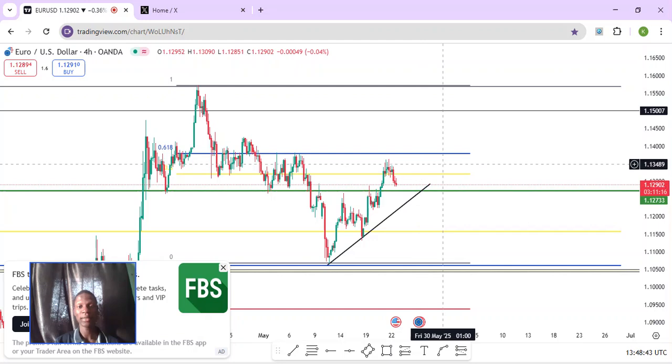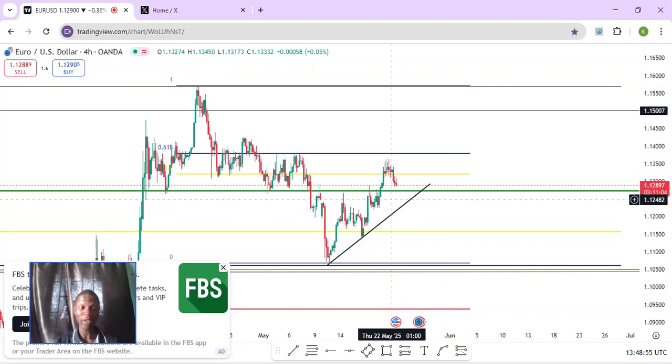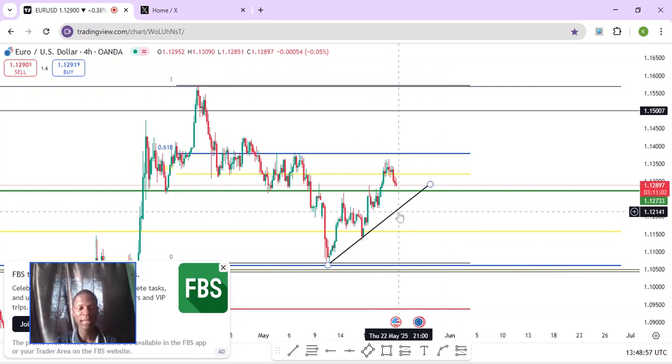I said it is right in that Fibonacci range zone. I'm very sure that if it breaks this counter trend line, it is going to fulfill that Fibonacci.